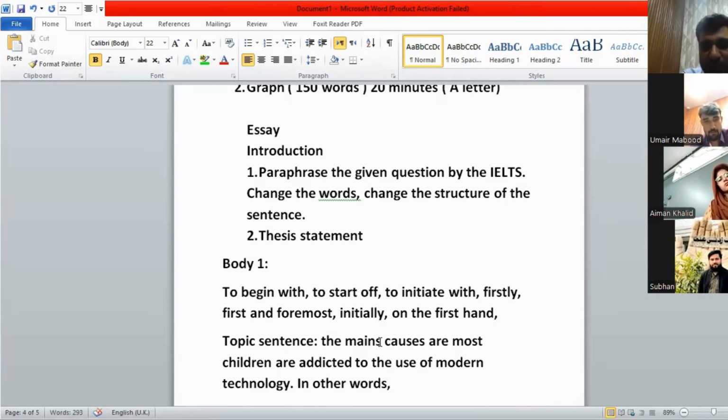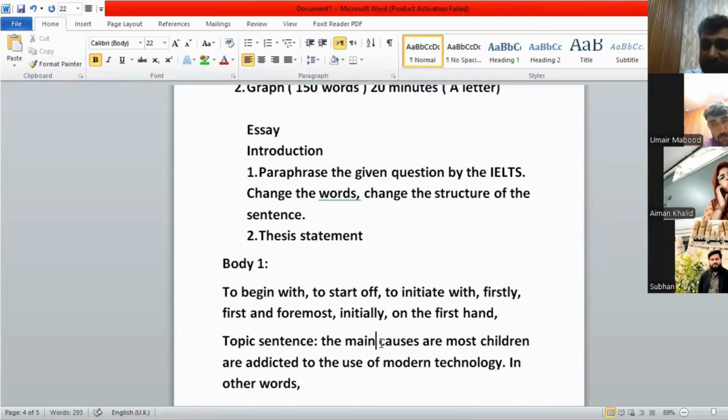Now explain this same topic sentence in detail. I have written the main causes are most children, but it means I have to write the second cause as well. The use of modern technology and much tedious lesson plans.